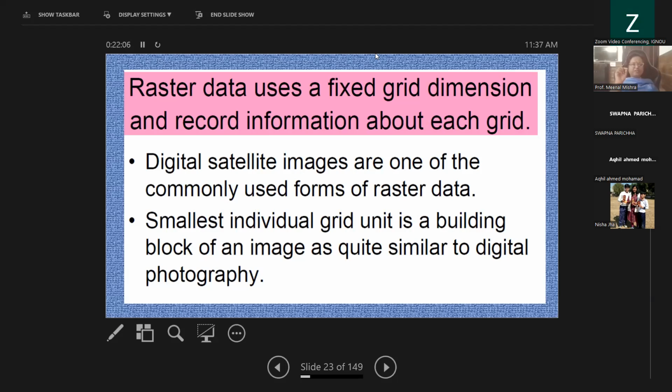So in this raster data, the information is stored in each grid. In case of a digital satellite image, it is a form of raster data where the smallest individual grid unit stores the information, and this small grid is the building block of an image. As I told you, in digital photography.